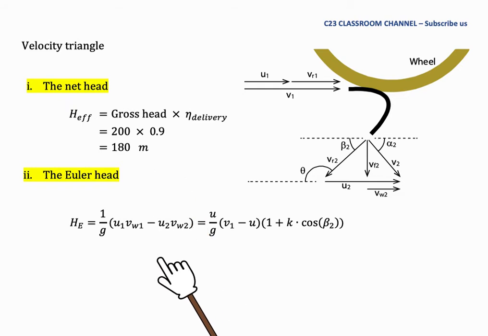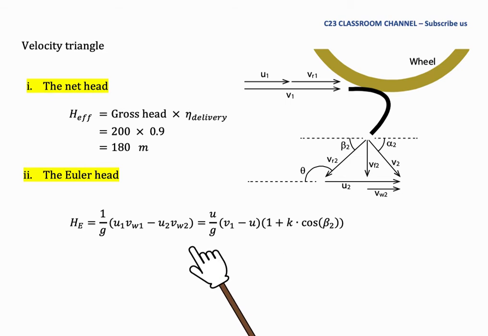Next, we are calculating the Euler head. This is the basic Euler head equation for turbine, and we use this equation in Francis turbine. However, in Pelton wheel, it is an advantage for you to remember the Euler head for Pelton wheel as this term: U over g, (V1 minus U), (1 plus K cos beta 2).